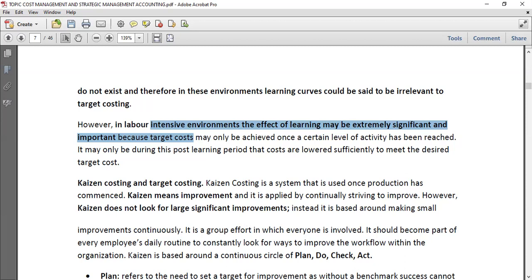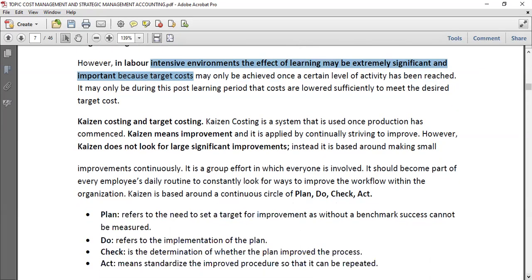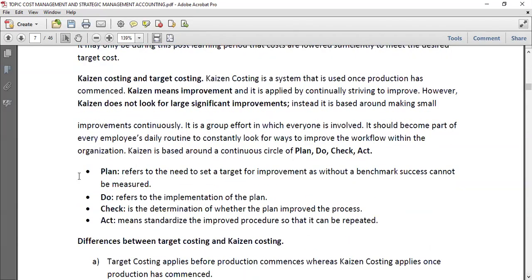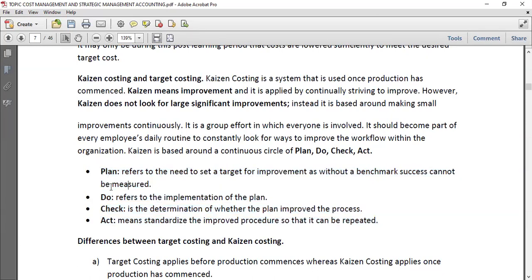With Kaizen, it's another part we shall look at maybe differently, but just so you know, Kaizen has a continuous cycle. This is basically its process: plan, do, check, and act. By plan, we mean planning the different ways you expect to improve your process; basically, you're setting a target for improvement.